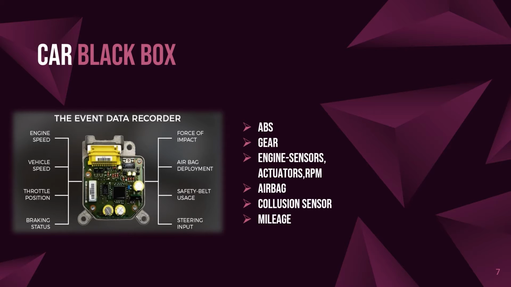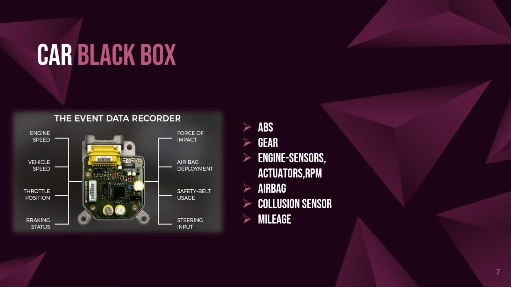First thing, the anti-braking system. ABS senses the speed of each wheel, and according to that speed the brake will be applied. While you apply the brake, the ABS will work. In BS6 vehicles, there is a gear shift indicator.